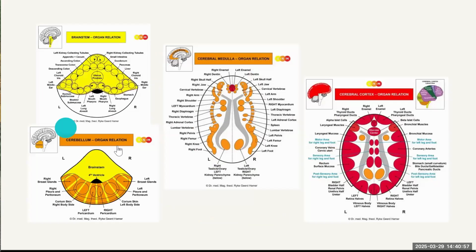Remember, I know you remember these from the GNM, from your initial handouts. These are all the mapping of the brain control to the organs. And the reason I bring them up here is to emphasize the point that from my perspective, we do not need this anymore. It is very useful if you are interpreting a CT scan of the brain, because this is all about the brain.